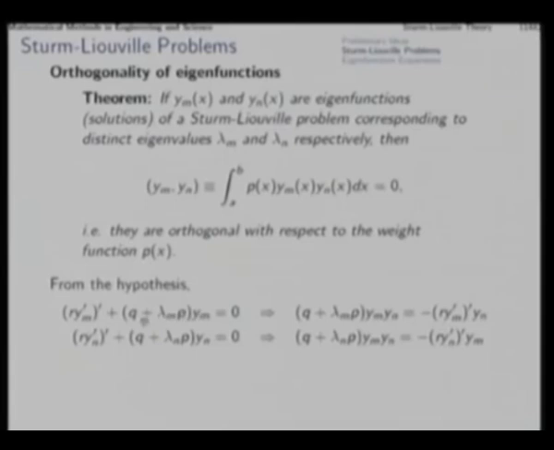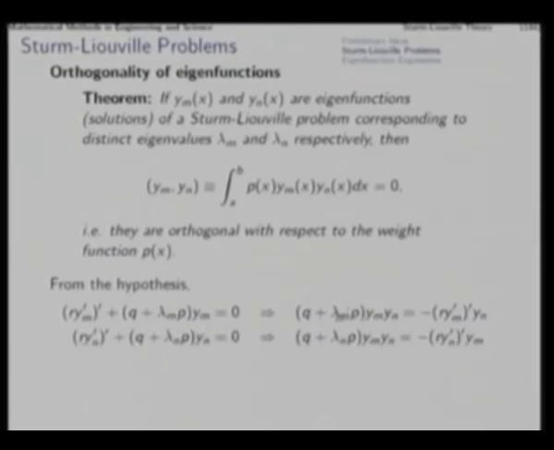The term multiplied with yn has been taken on the other side of the equality. Similarly, yn is a solution of the differential equation with eigenvalue lambda n, that will be this, and this equation we multiply throughout with ym, and then we get this.